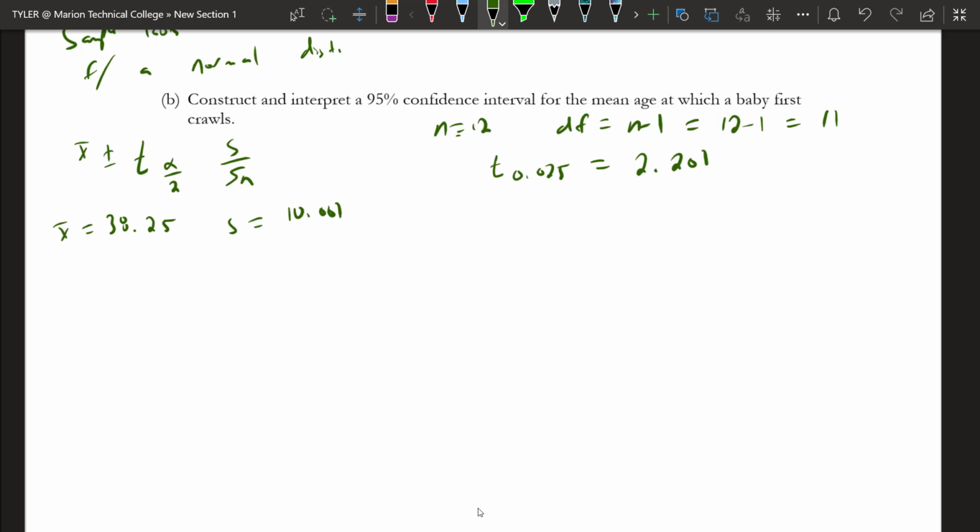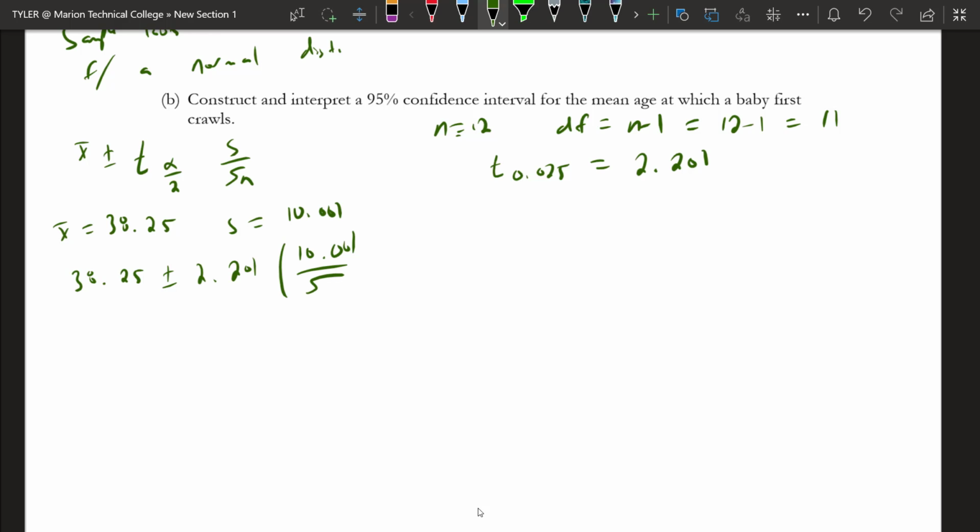Right, so then what I'm going to do is take 38.25 plus or minus 2.201 times s, 10.001, divided by square root of n, which is 12.